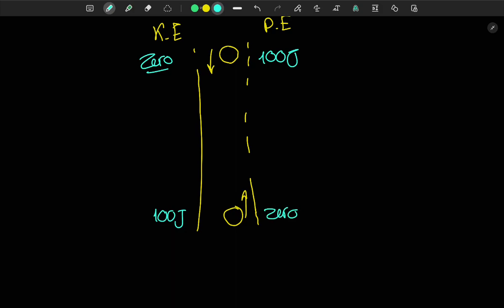What about the middle? In the middle, who is bigger than the other? In the middle, the potential energy equals 50 joule and the kinetic energy is also 50 joule, so they are the same. Can you calculate the sum of both kinetic energy and potential energy?